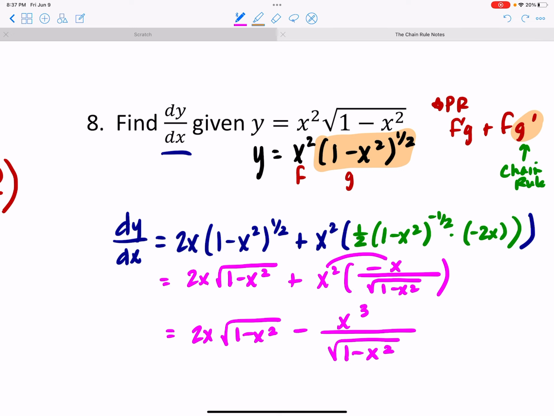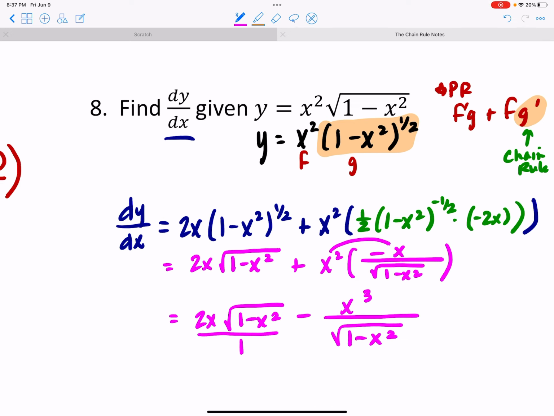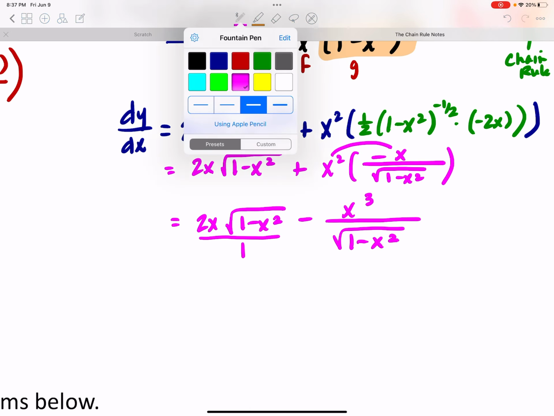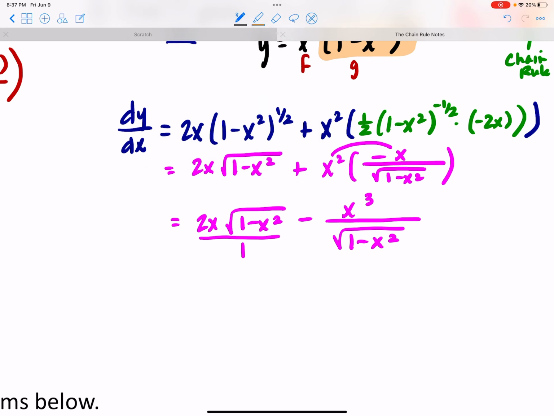Now, this again would be an okay form of the answer. Might be better to get a common denominator and actually put the fractions together, although I would probably be okay with you stopping here. Now if we wanted to get a common denominator and add these, I would have to multiply here by the square root of 1 minus x squared.